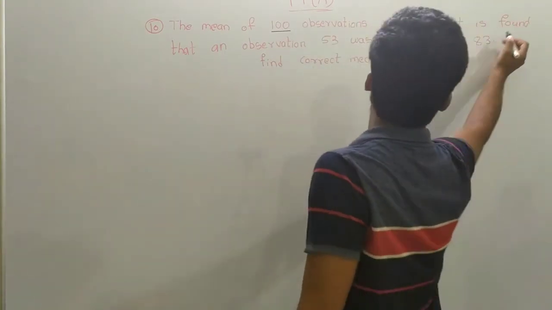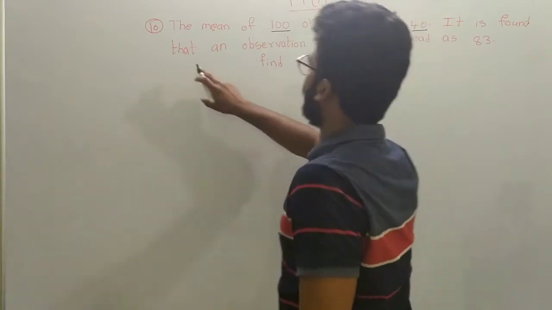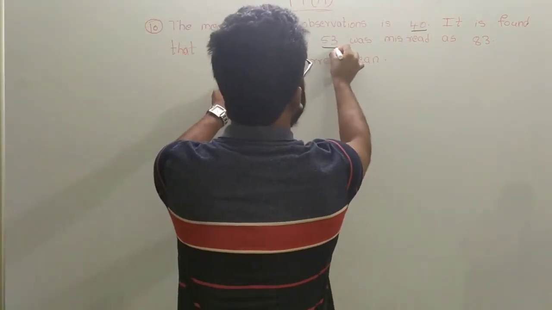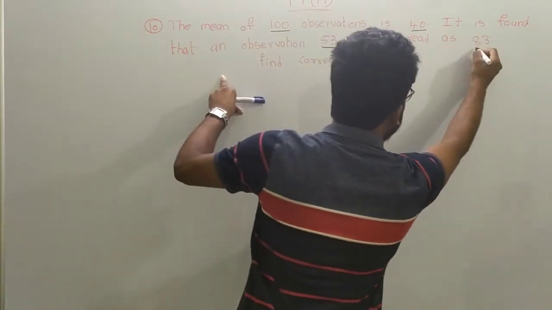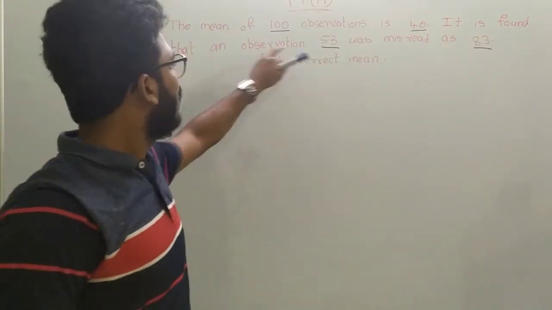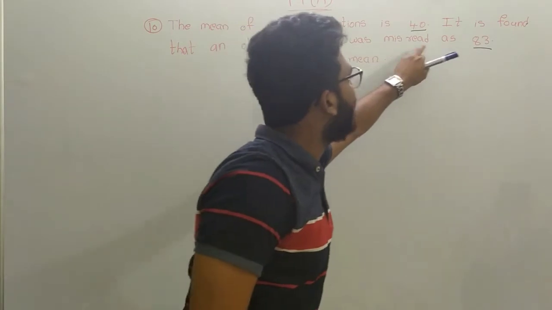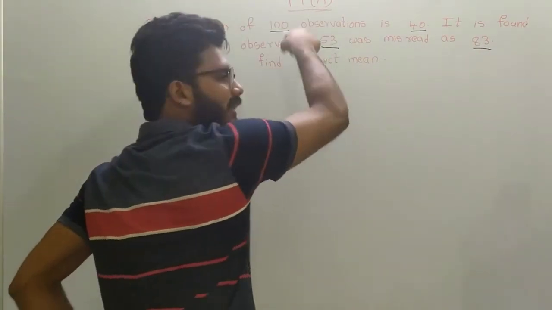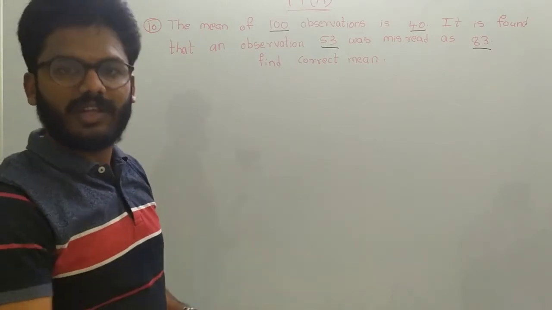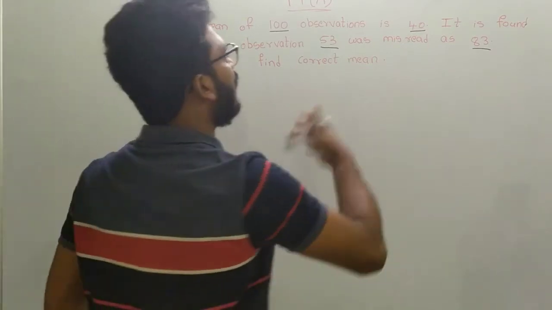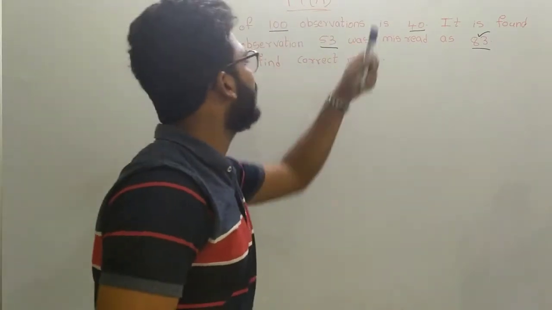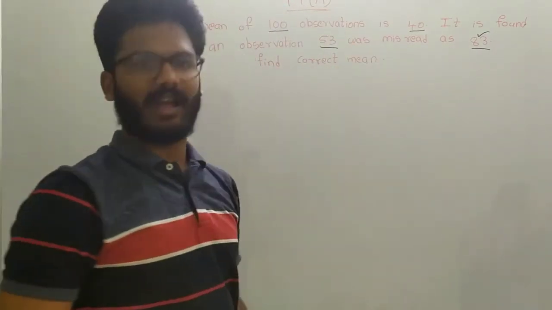And they told us that 53 was misread as 83. 53 is the actual observation, but instead of 53 they have taken 83. So you have to find the correct mean.